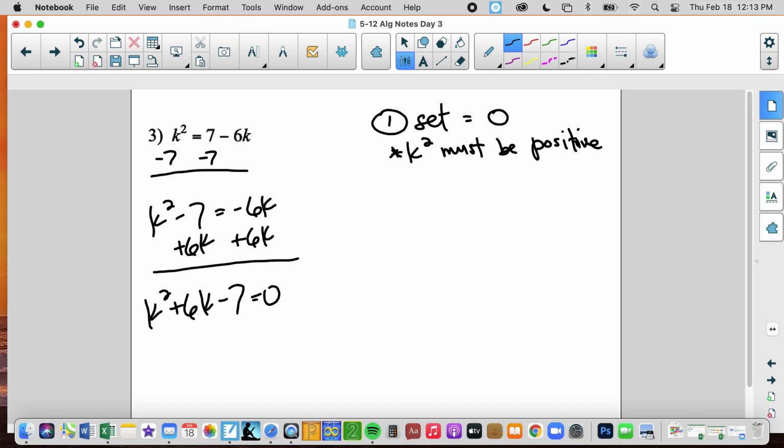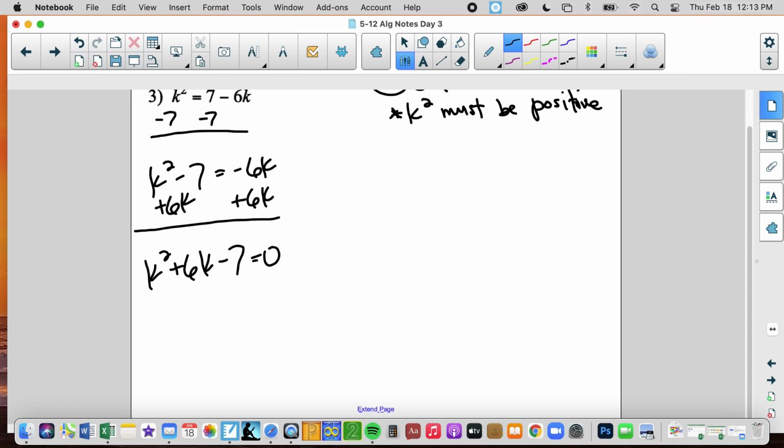That 6k is not a like term with k squared or the constant. And notice that I write my trinomial, 3 terms, in standard form: k squared, k to the first, and then my constant, which doesn't have any k. So when we write that, we always want to write it in standard form.